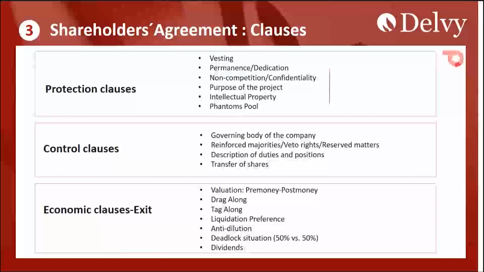You can also have control clauses about the regime of the transfer of the shares, indicating that there are some preemptive rights, maybe, or first right of refusal for the investors to acquire new shares. If founders want to sell their shares, the investors will have these preemptive rights or first rights of refusal.